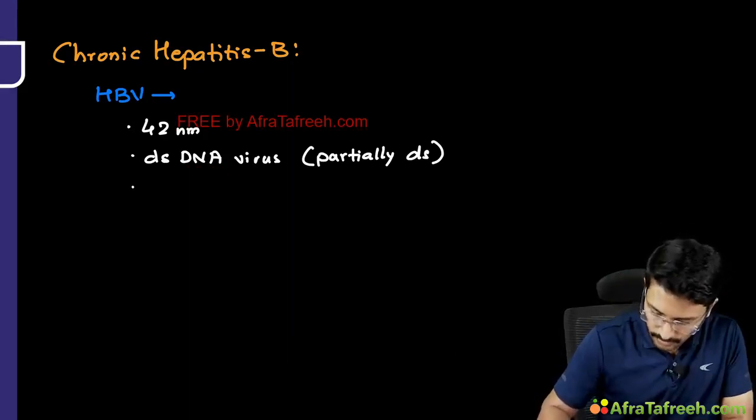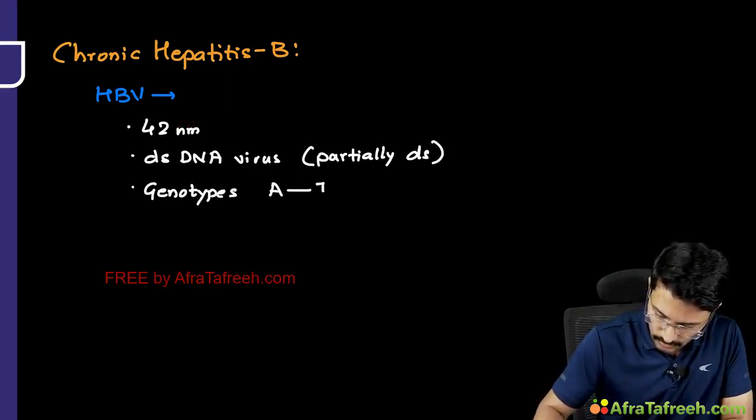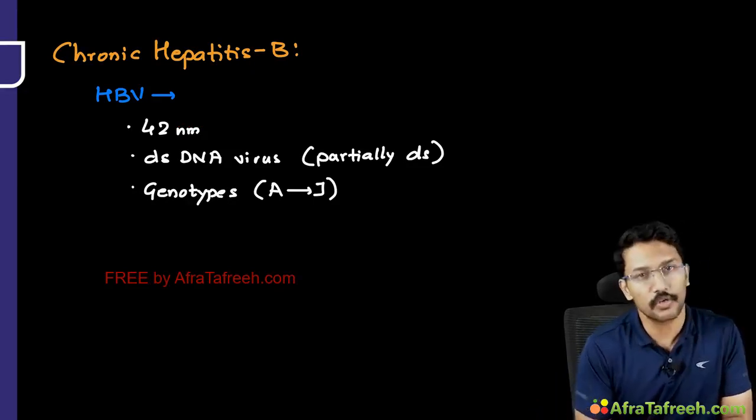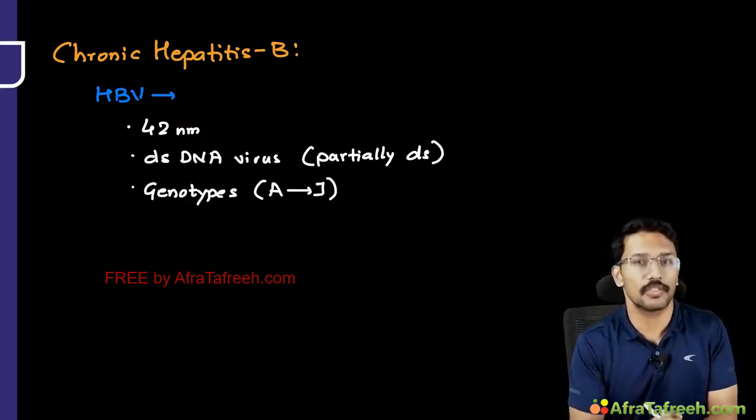Now, there are different genotypes. They are numbered A to J, but among them they can ask you what is the most common genotype in India and what is the second most common genotype in India.